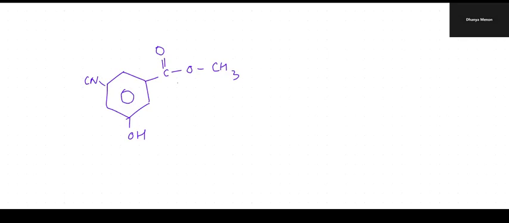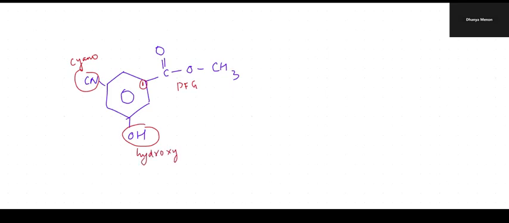The carbon that is connected to the ester will be given the first position. Then I have two substituents, OH and the cyanide. When cyanide is the substituent, it is called cyano. When OH is the substituent, we call it hydroxy.